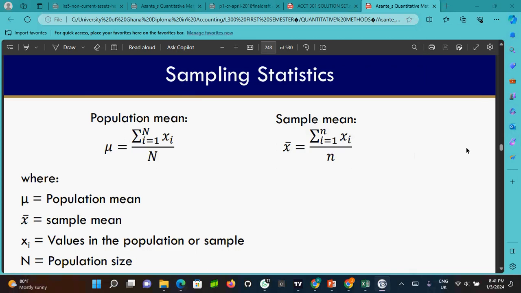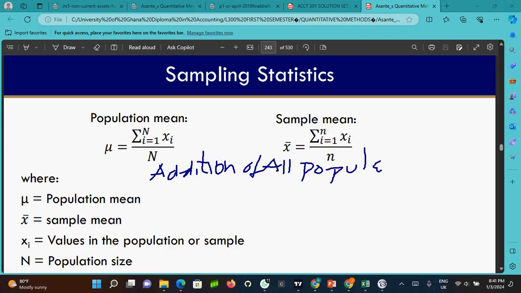What this symbol basically means is the addition of the whole population, all over the number of the population.